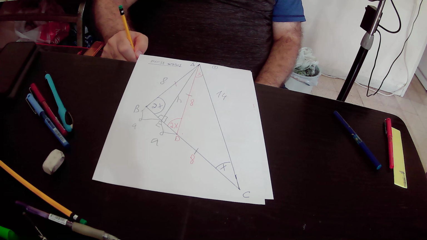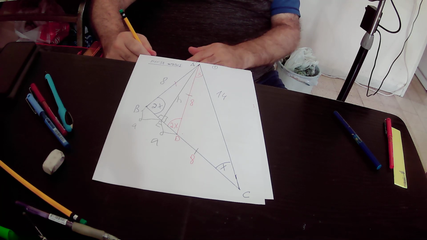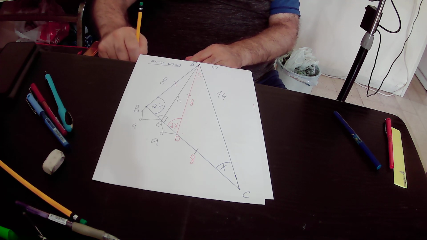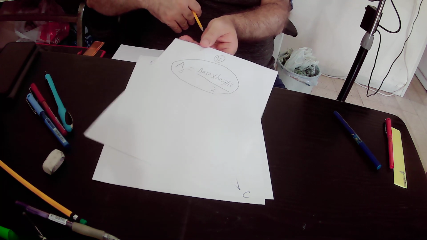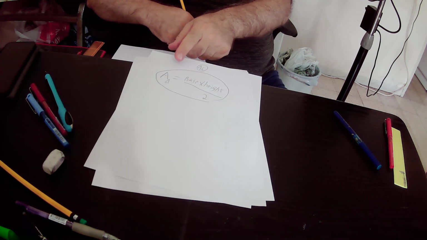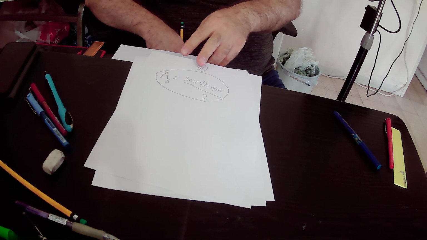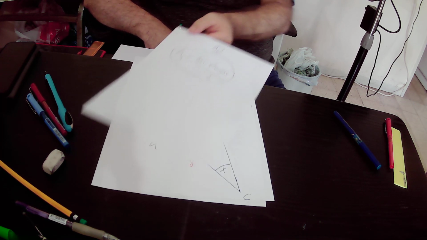You should remember that the height must create 90 degrees with the base, otherwise it is not the height. A is the abbreviation for area, so the area of any triangle equals the base of the triangle times the height to the base over 2, and the height must create 90 degrees with the base.